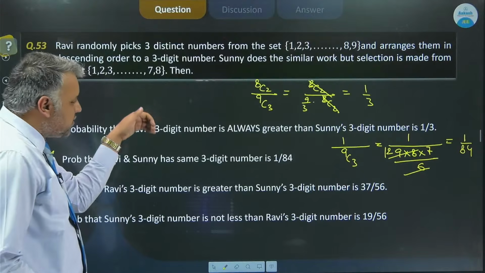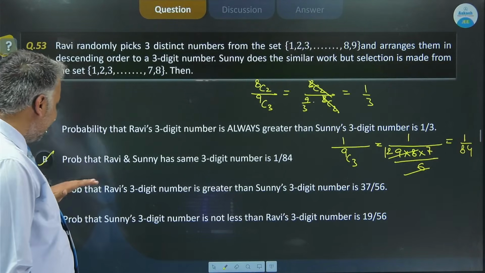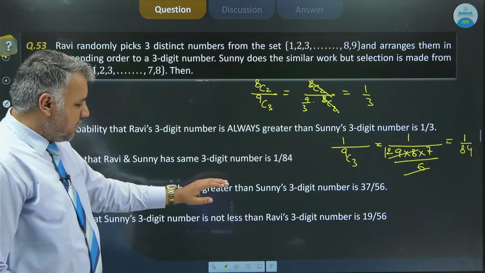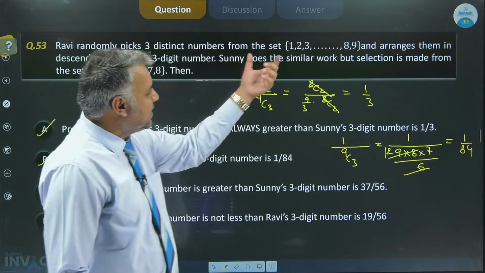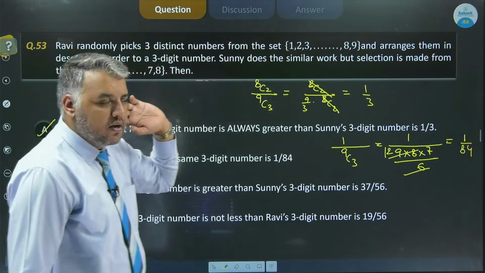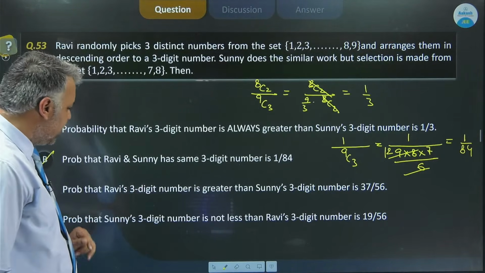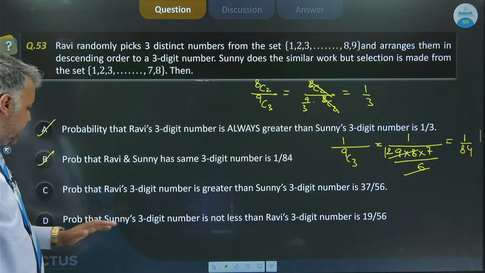So that means Ravi is using 9. But here he is saying that Ravi's number is greater than Sunny's 3-digit number. That means he can use the digits 1, 2, 3 up to 8 also, but he must form a number greater than Sunny's 3-digit number. We'll solve these last 2 options simultaneously.